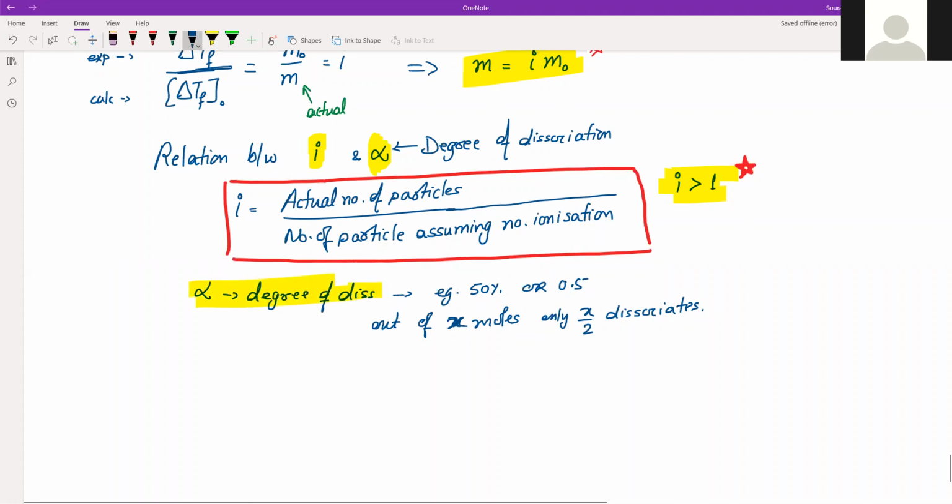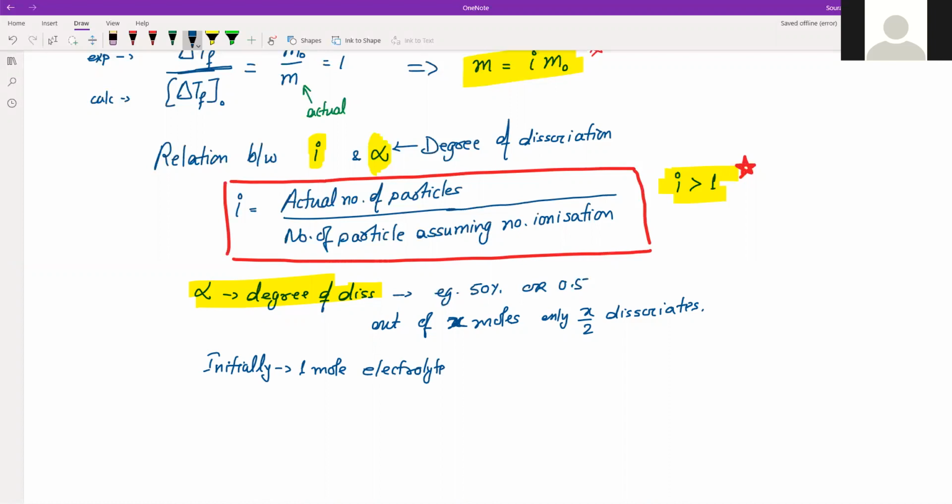So how are these two related? That's what we are going to see next. Suppose 1 mole of an electrolyte is capable of forming nu ions on complete dissociation. But if the degree of dissociation is alpha, and suppose initially we have 1 mole of the electrolyte, what does it mean?